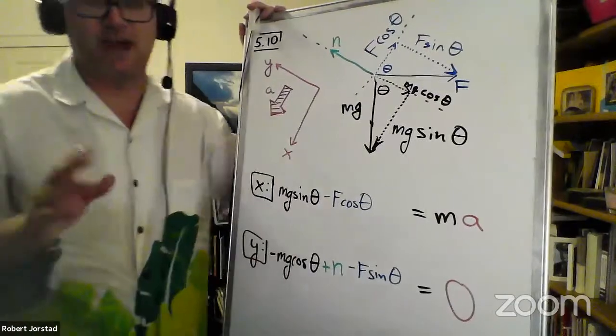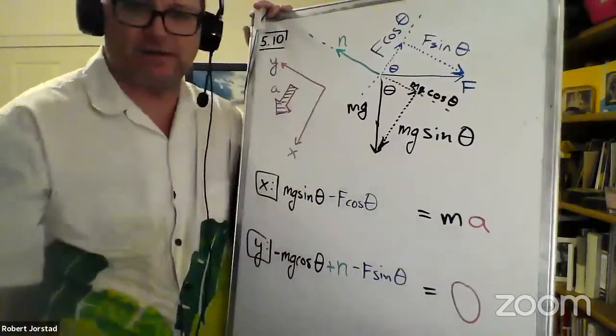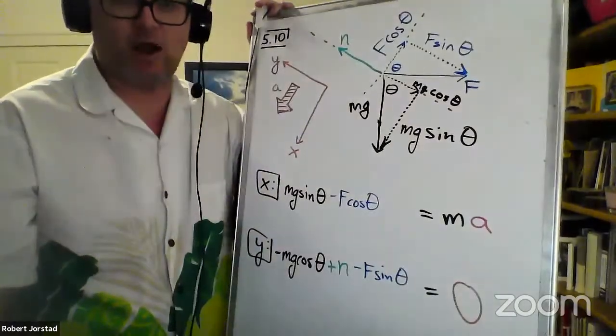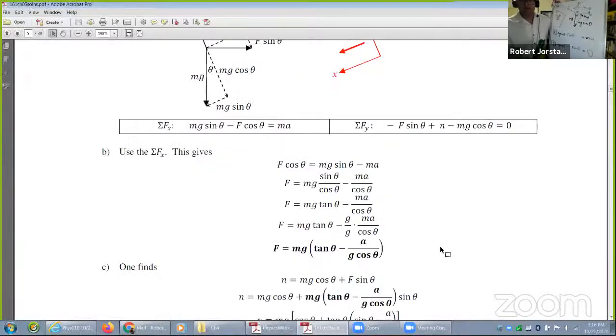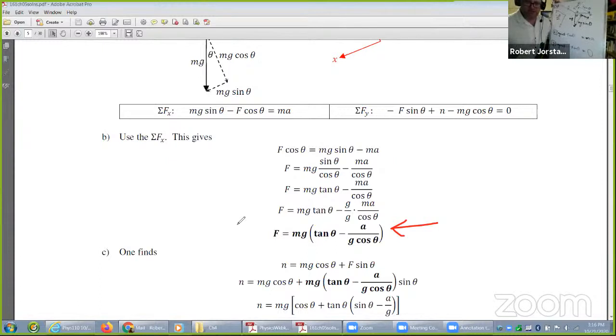All right, so there's that. Another thing here is what is the point of all this nonsense? You might be saying, why are we just playing with a bunch of letters and moving them around? Well, the idea here is this: we get these equations, and here's an equation. What if I was designing some kind of winch, and I wanted to lower an object at a certain known acceleration?